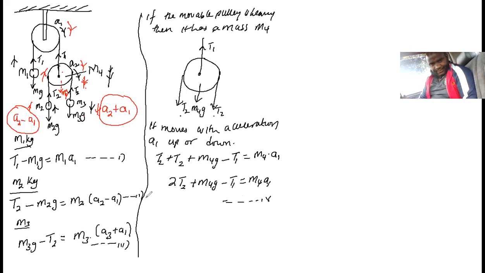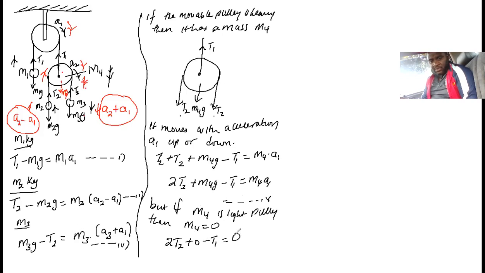But if M4 is a light pulley, then M4 is equal to 0. So if M4 is 0, it means 2T2 plus 0 minus T1 is equal to 0.